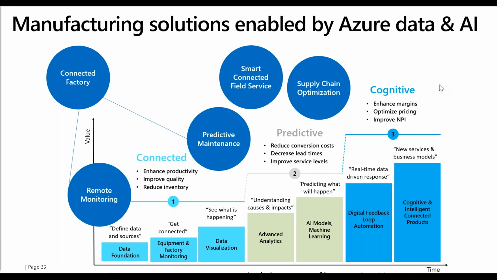From a connected factory perspective, you can start connecting your equipment tomorrow. You can start getting visibility on your equipment tomorrow. You can start putting monitoring systems on your machines, your production lines, etc. tomorrow. There's high value in getting that visibility, even if you're not all the way up with AI models to predict things ahead of time.